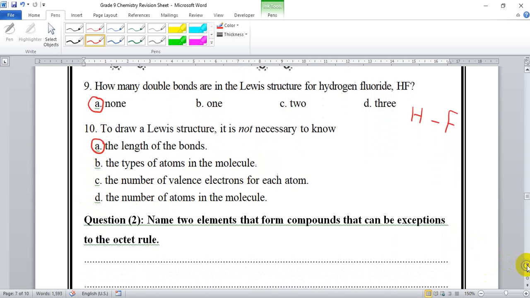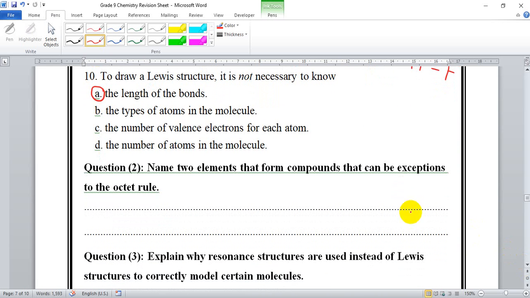Question number 2. Name 2 elements that form compounds that can be exceptions of the octet rule. For example, we discussed them before. Hydrogen, because hydrogen has only 1 electron.